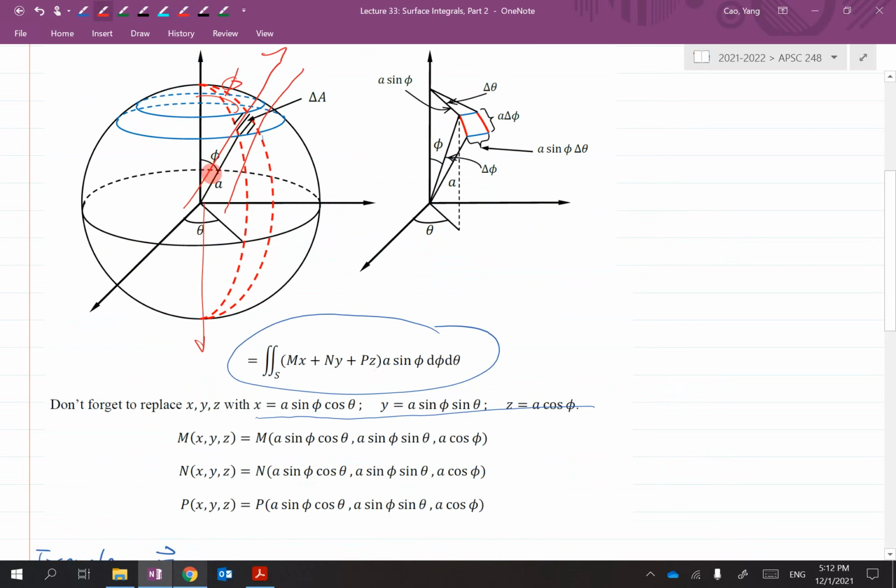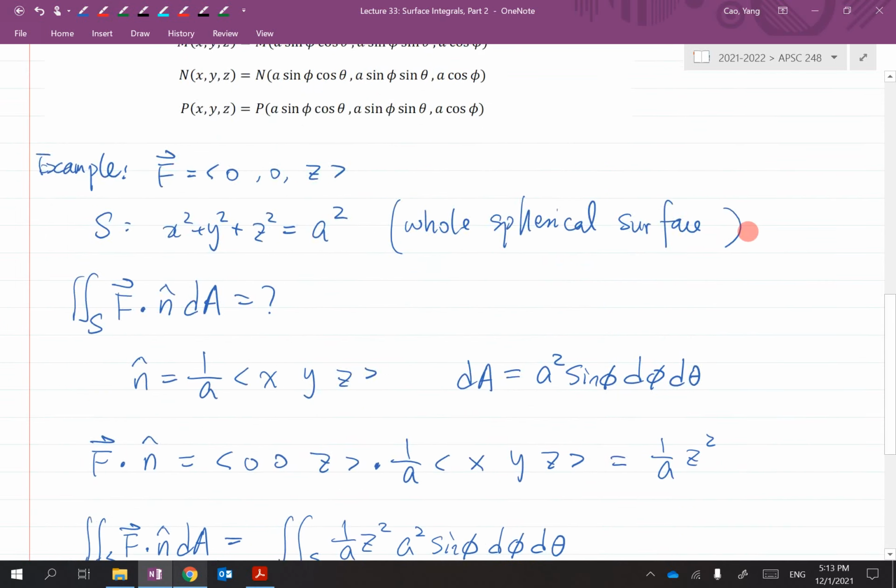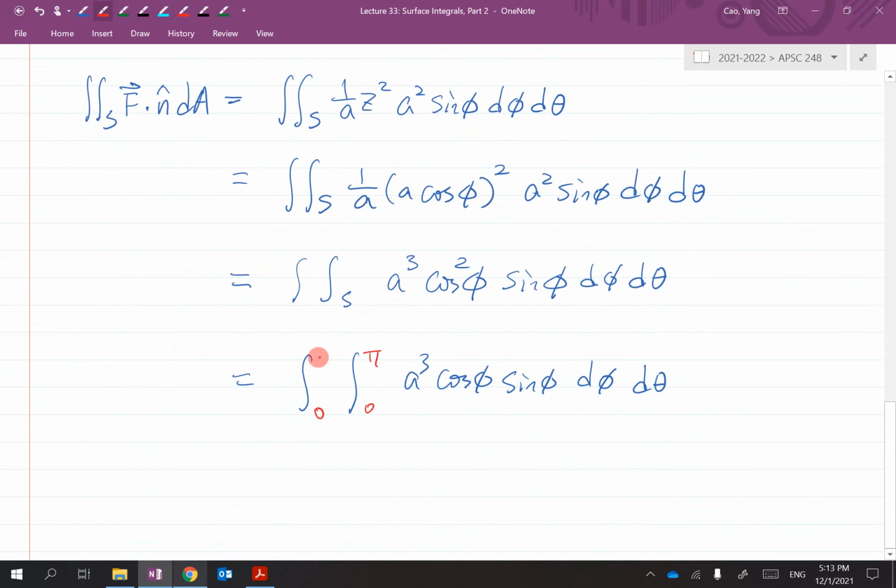The shadow is this circle here, and you draw a reading line out of the circle and rotate around the whole circle. So in this case, 0 to 2 pi for theta. Exactly the same procedure as you have done to find limits for a triple integral in spherical coordinates.